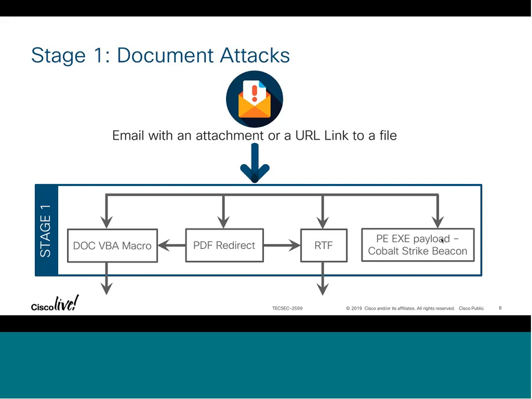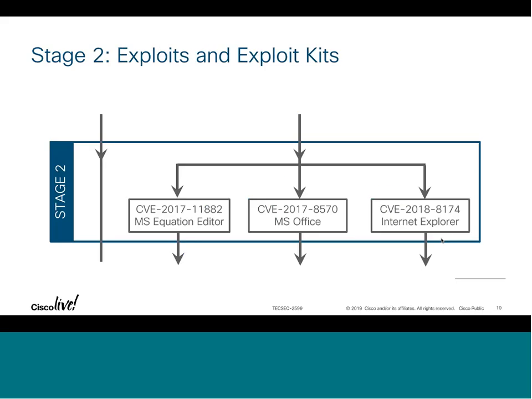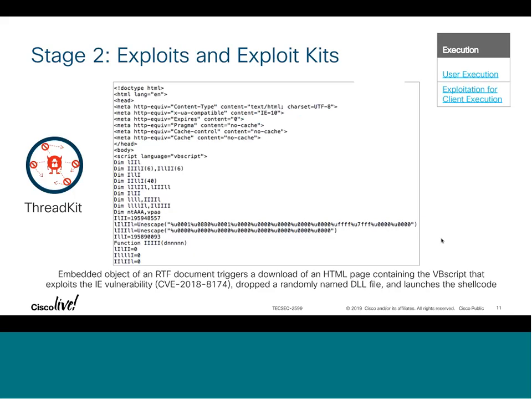As the case may be, the initial entry via some kind of document coming into the network is then crafted to trick or encourage the user to click on it. And then that leads us to step 2, which is going to be some kind of exploit of a vulnerability which may exist on the targeted system.